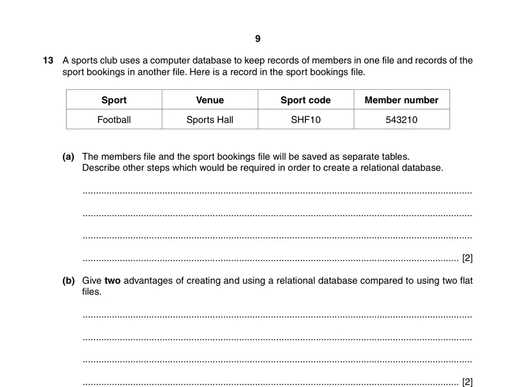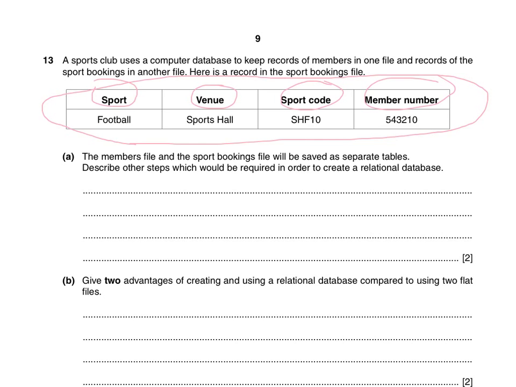So we can see here that in this record we have labels, okay, and we have data in those fields, and we can tell straight away sports is not very unique, sports hall is not very unique, sport code is kind of unique, and member number is also unique. So it gives you a very good indication of what you're working with here.